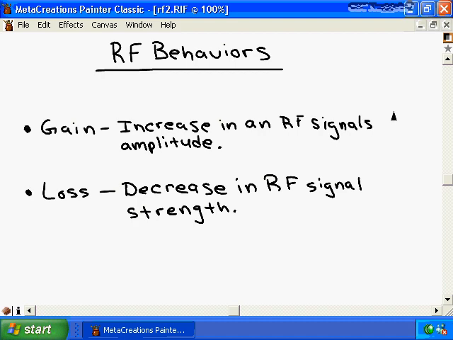Frequency means the number of times a radio wave will oscillate up and down per second. For example, if you were to listen to an AM frequency of 680, that radio wave goes up and down 680,000 cycles per second. In contrast, FM works at a higher frequency level.